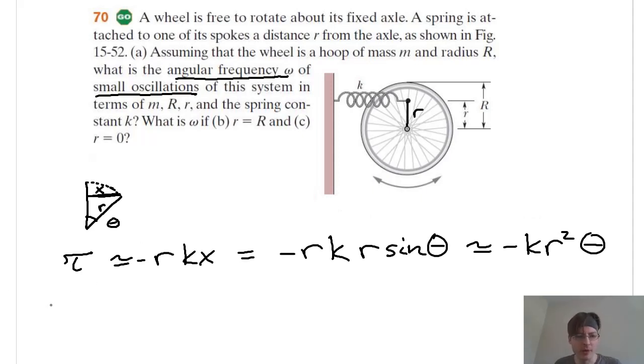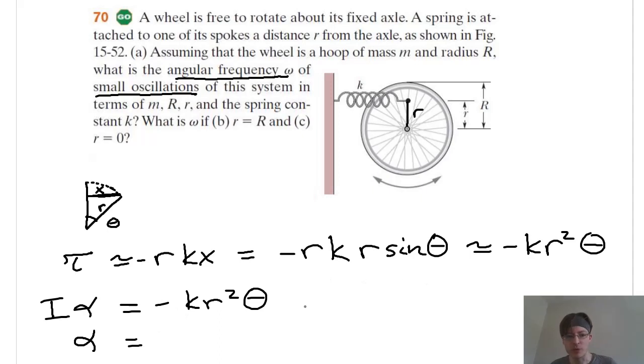What do I do with torque? I set it equal to the rotational inertia times the angular acceleration. It's equal to the net torque, minus k r squared theta. In other words, the angular acceleration is equal to, I should remind us what the inertia of a wheel is.